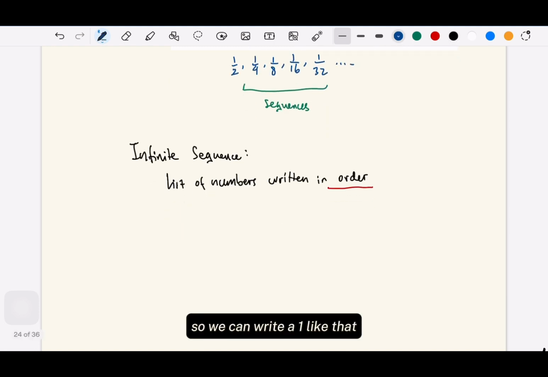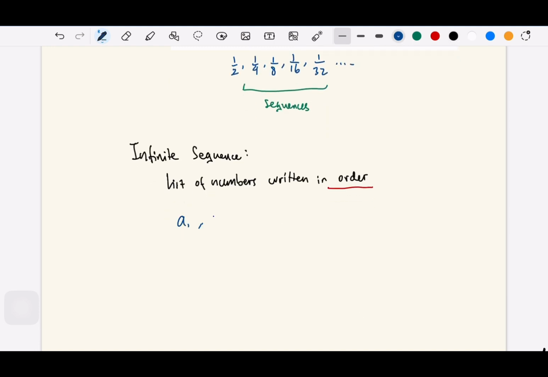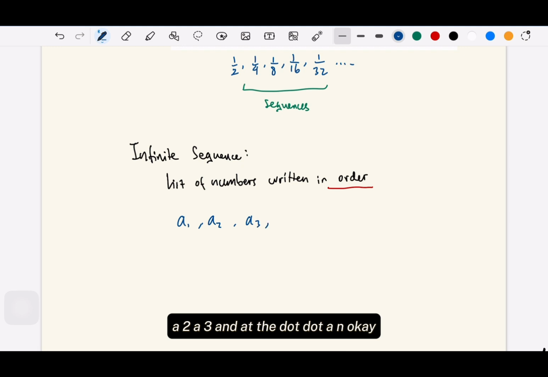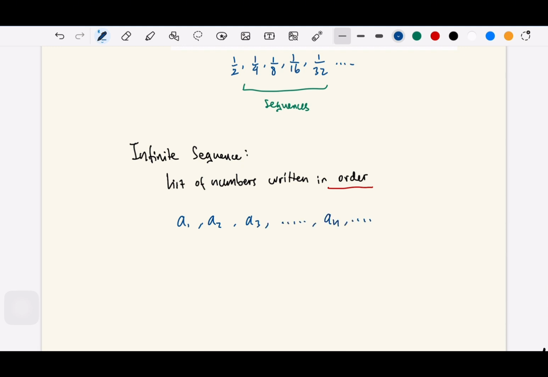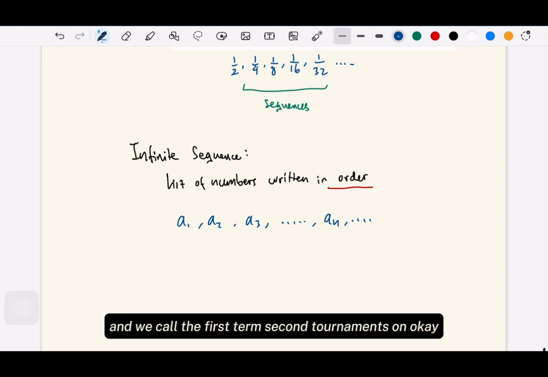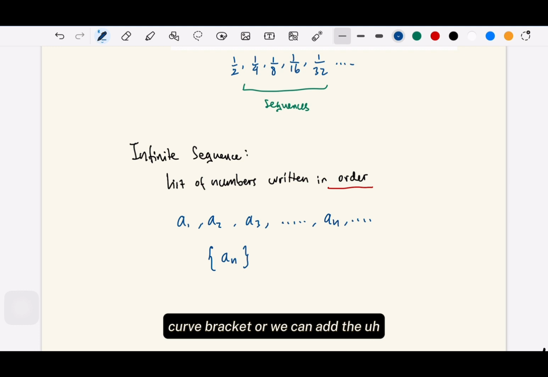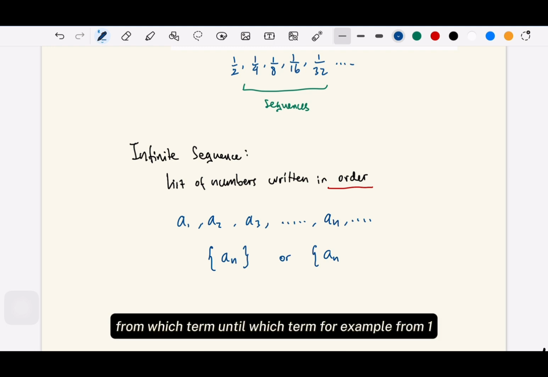So we can write a1, a2, a3, and an. Okay. And we call the first term, second term, and so on. Sometimes we can write this order with curved brackets, or we can add from which term until which term.